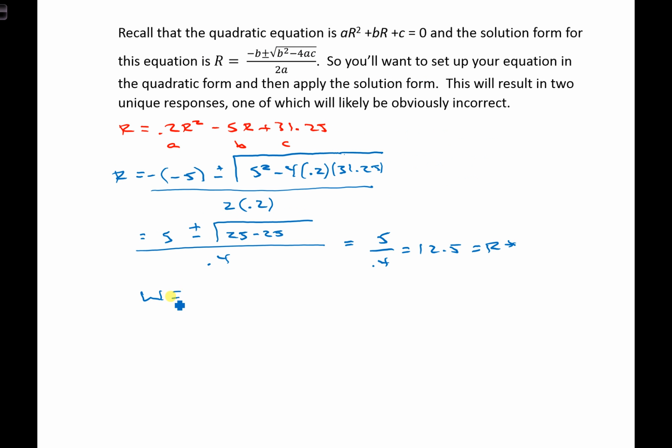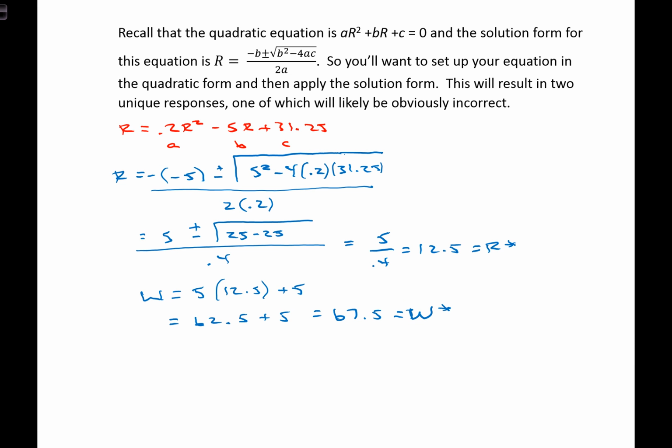So W equals 5 times 12.5 plus 5. And 5 times 12.5 is equal to 62.5, plus 5 is equal to 67.5, which is equal to W star.